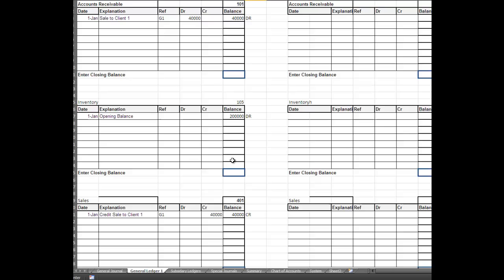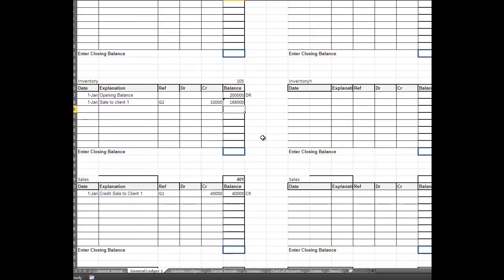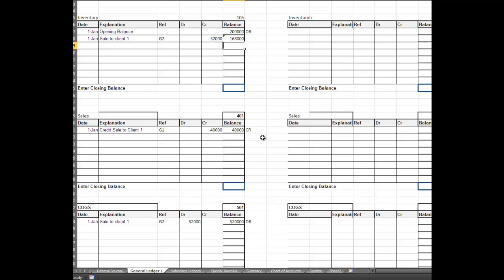The other side of that is our inventory is going to fall. 1 January, sale to client 1, reference is G2, and it's a $32,000 credit because it's a reduction. So that means this will come to 168,000. We've got the opening balance, which was a debit, less the credit, gives us 168,000. And that's G2 as a reference.